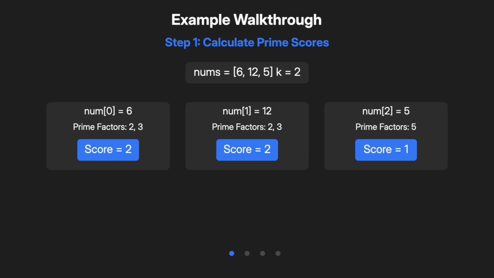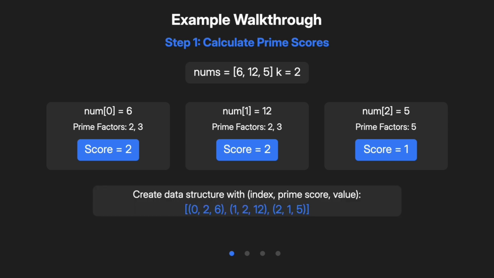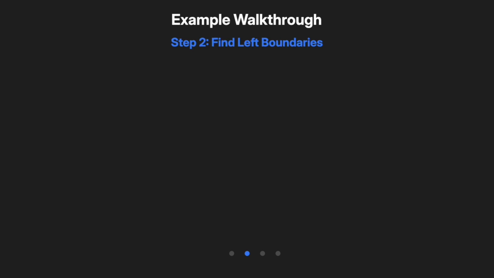For 5 at index 2, the only prime factor is 5, giving it a prime score of 1. We then create a data structure containing tuples of index, prime score, and value: (0, 2, 6), (1, 2, 12), (2, 1, 5). In step 2, we find the left boundaries using monotonic stacks.